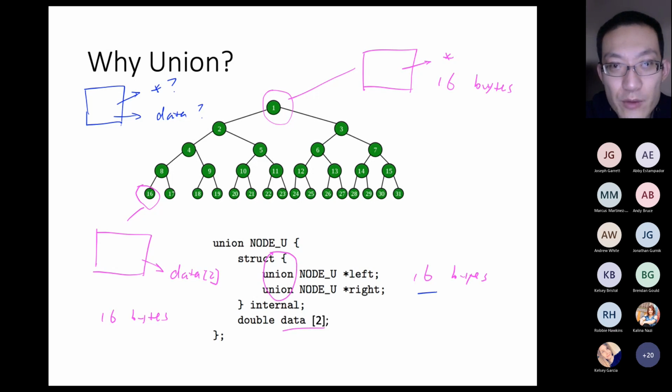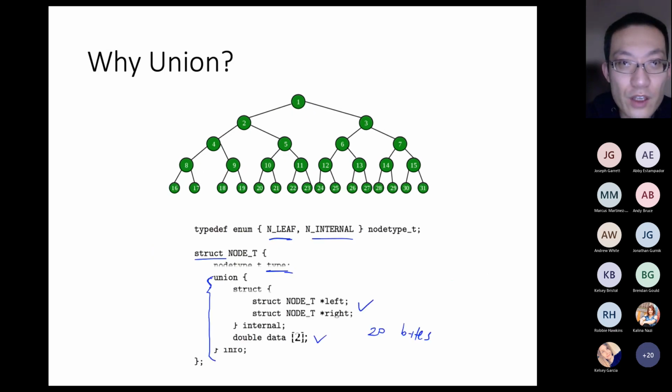This way, we save the half wasted space. One minor issue is that if we hand this space to a function, there's no way to tell whether we should interpret the space as pointers or data. So we need one extra field which always exists to tell us what type of node this is.